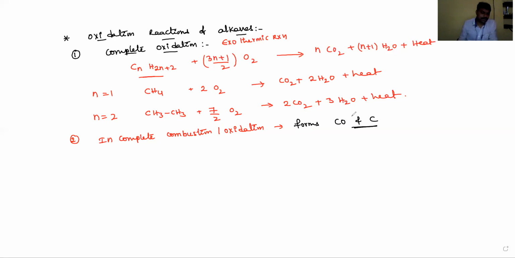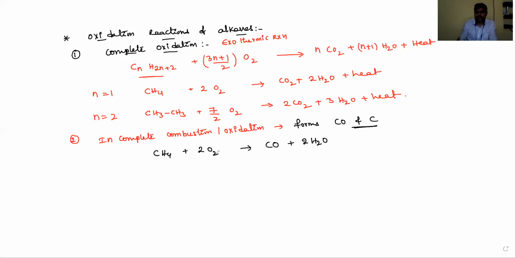Okay, dear students, for example, CH4, methane, on incomplete combustion produces carbon monoxide, CO, and water, 2H2O.